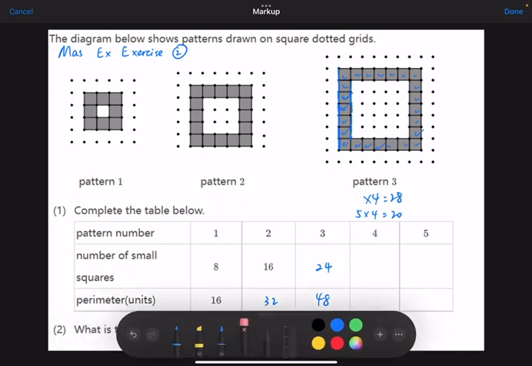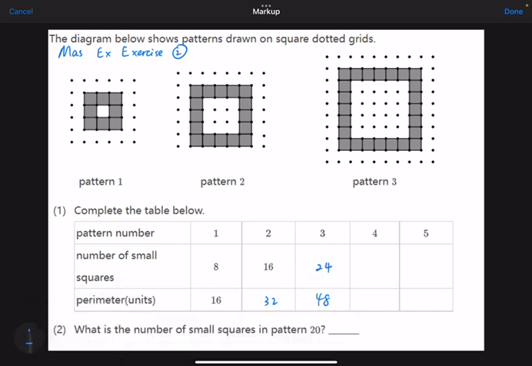By now, I believe all of you can observe the pattern for the relationship between the pattern number, the number of small squares, and the perimeter units. For those of you still struggling with the general term method, this is a nice, clear explanation of what n means.